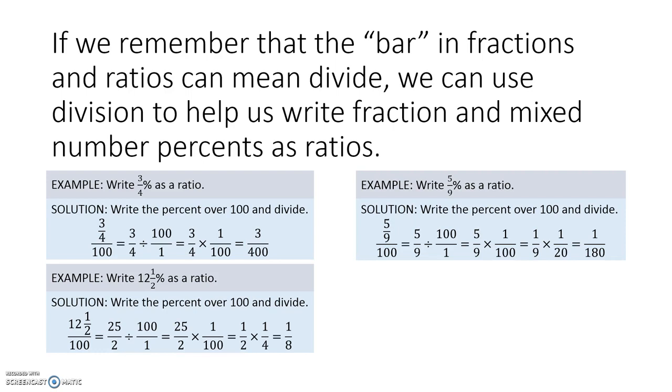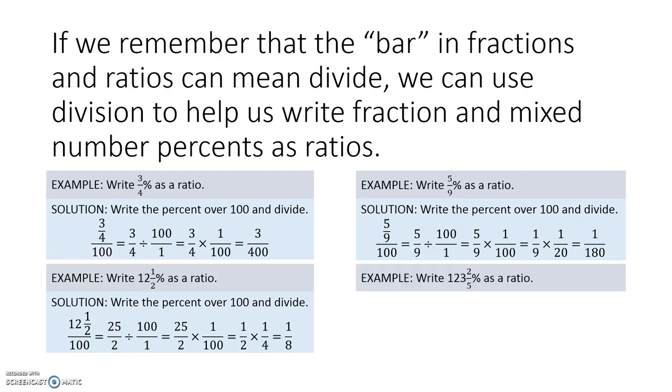We divide that by 100, which means applying KFC, and we have 25 over 2 times 1 over 100. When we cross cancel the 25s, we get 1 over 2 times 1 over 4, which multiplies to give us the ratio 1 to 8. 12.5% is the ratio 1 to 8.